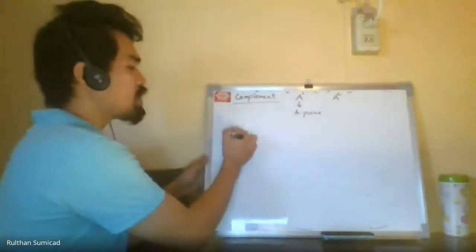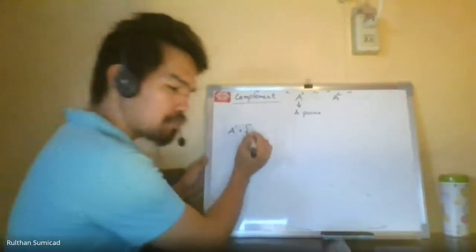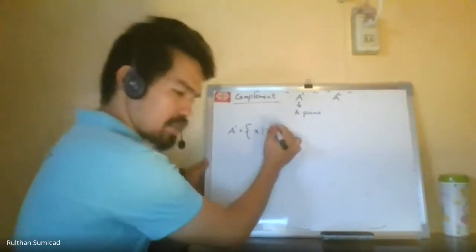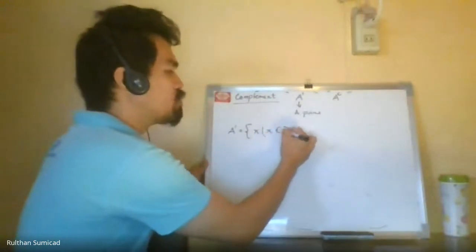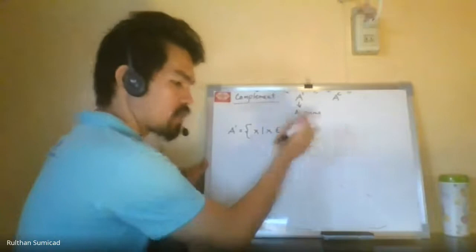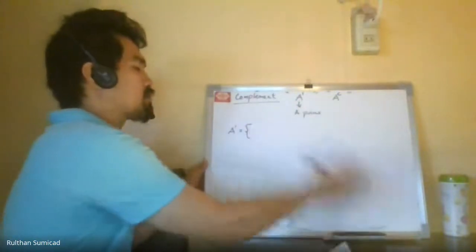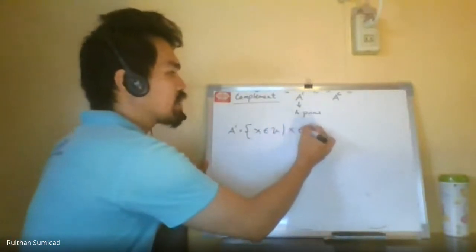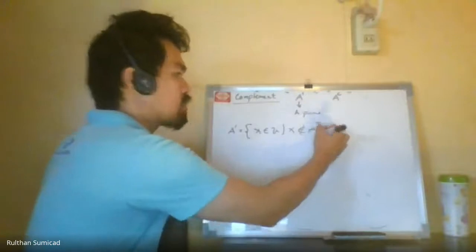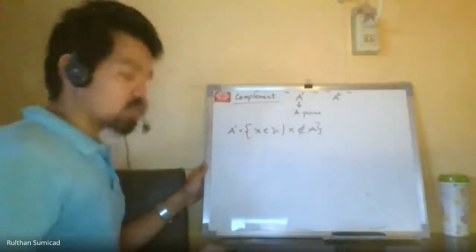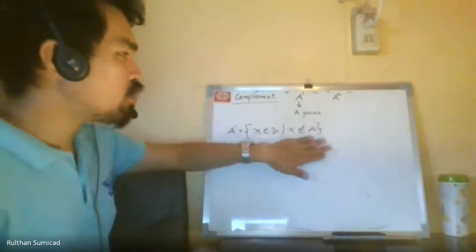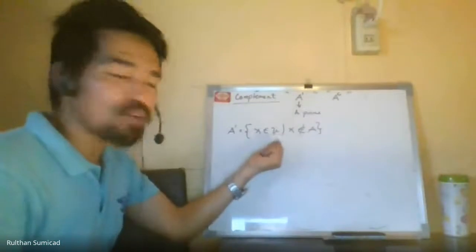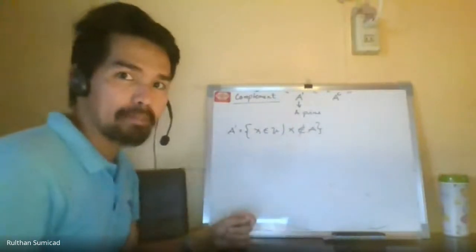Anyway, so we have the definition: A prime is symbolically a set containing X such that X is an element of the universe such that X is not an element of A. So simply, if you take this seriously, we're referring to elements found in the universe that are not found in A. That's A prime.